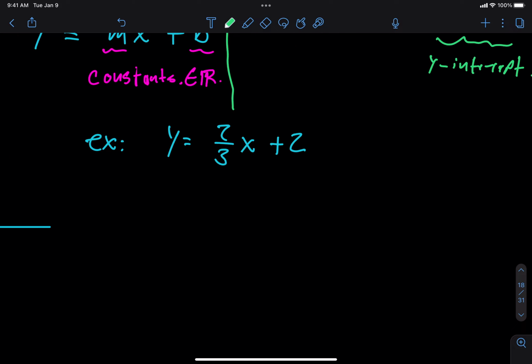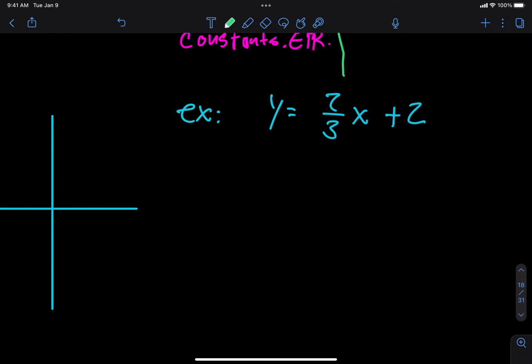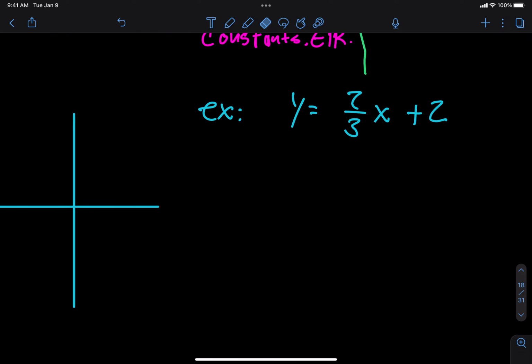So let's do a quick graph of y equals 2/3 x plus 2. We know that the line passes through this point, (0, 2), and it has slope 2/3. How do I do a slope 2/3 if I'm going to try to draw a picture here? How do I handle something like that?